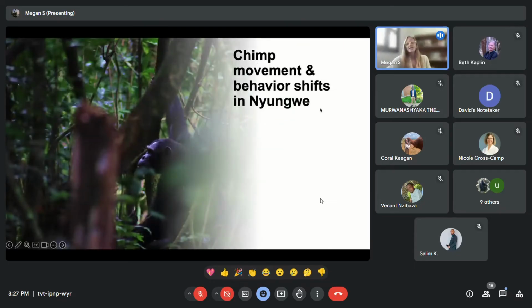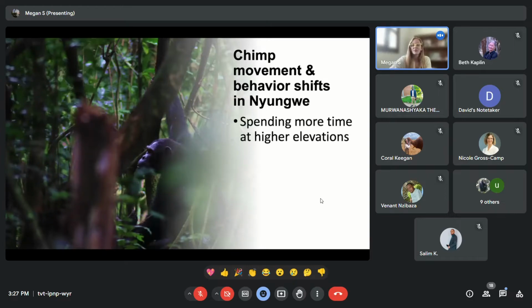There have been some chimp movement and behavior shifts in Nyungwe. These are things that Felix and Forte have told me about, things that the chimp teams have observed at the park. Chimps are spending more time at higher elevations. They're exiting the park more frequently.